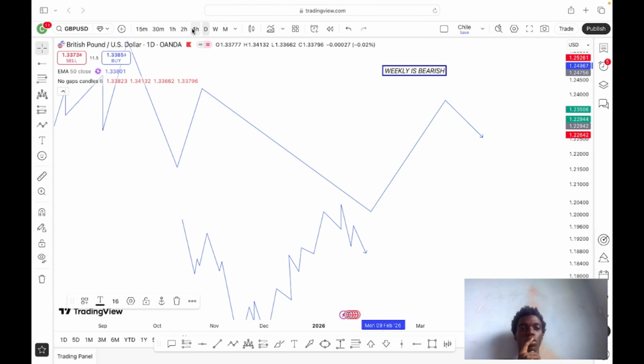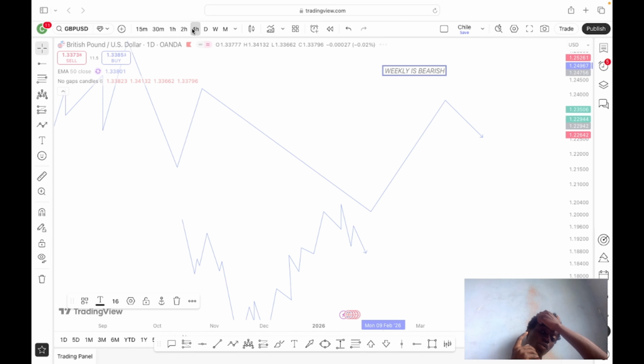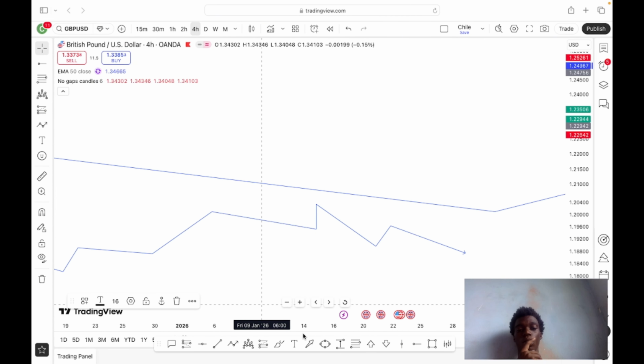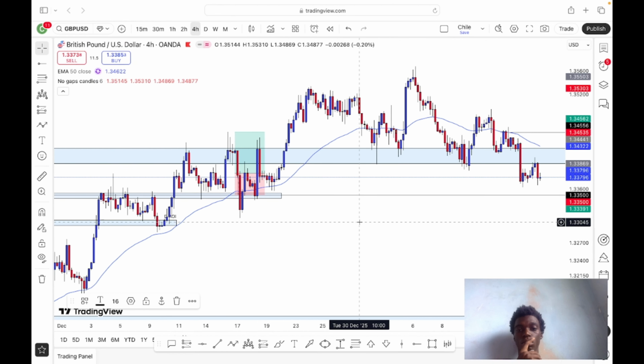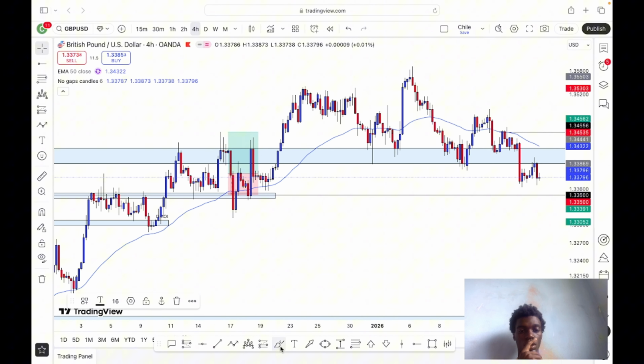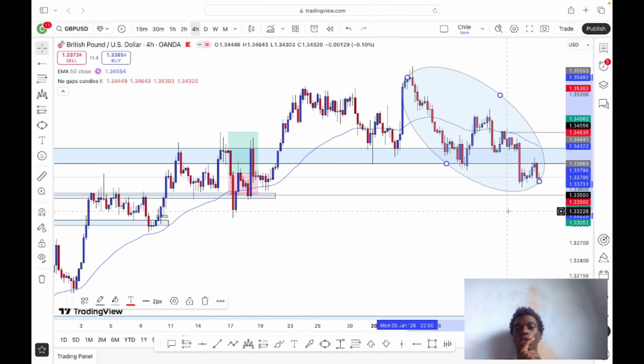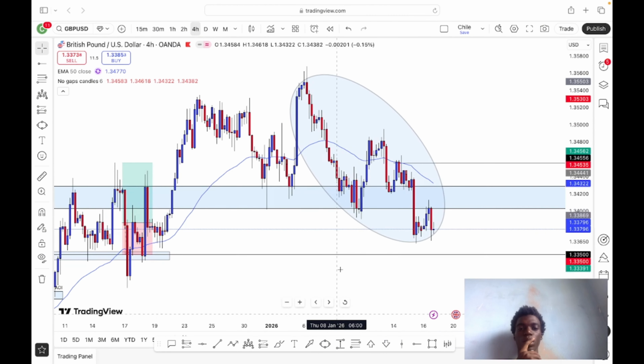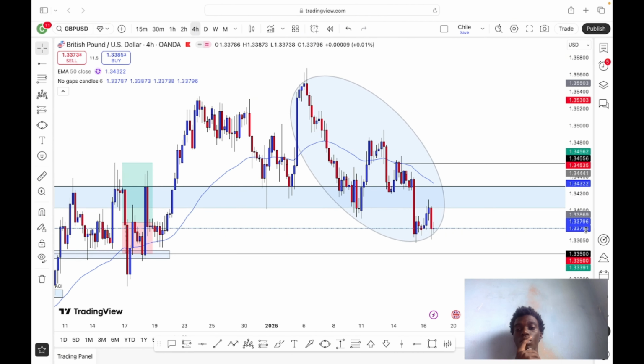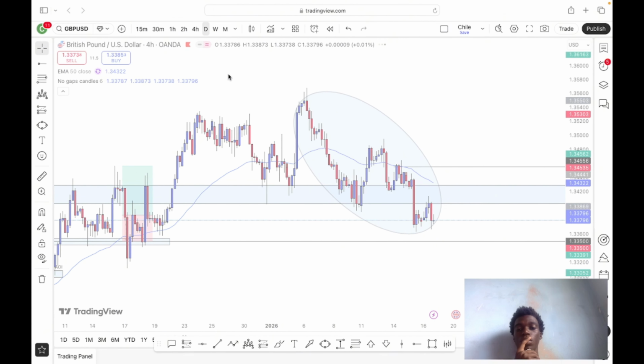Then we go to the 4H. As you can see, starting from it, going up to this point, the overall movement of your price is trending up. Also the 4-hour, the 4H is bearish.